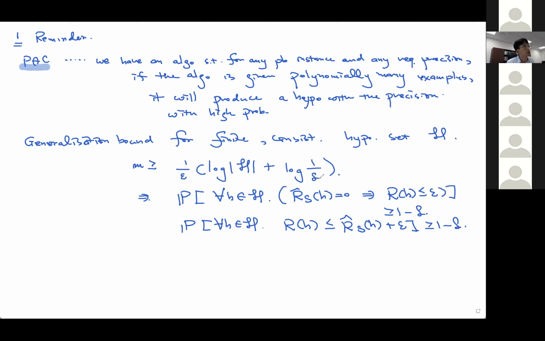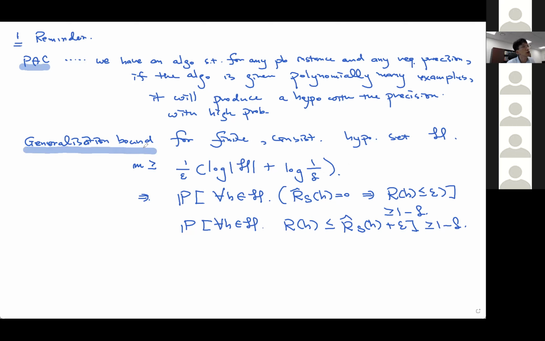When the hypothesis set is finite and consistent, we are in the middle of proving something more general. In the more general case, we may be in a situation where the concept class and hypothesis class are not necessarily the same.